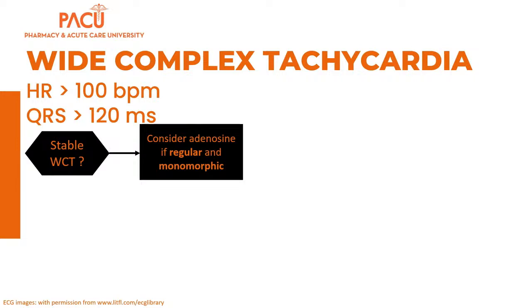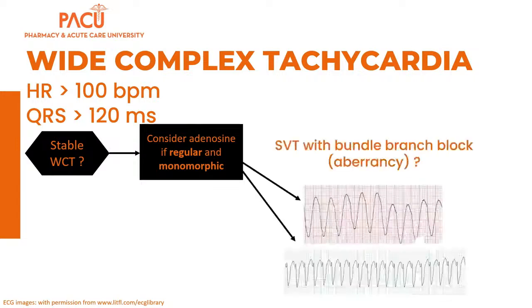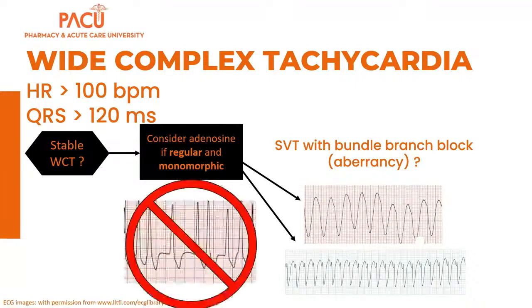Consider adenosine if regular and monomorphic. That is, this may be an SVT that we would treat with adenosine, and they have a bundle branch block or an aberrancy. But only if it's regular and monomorphic. If it's polymorphic, it could be torsades. If it's irregular, such as this, don't treat that with adenosine.